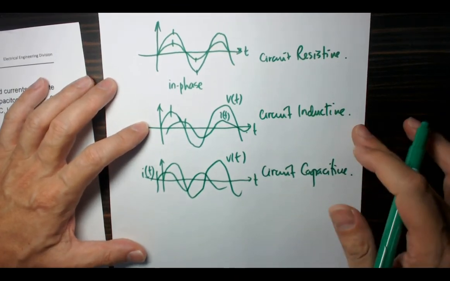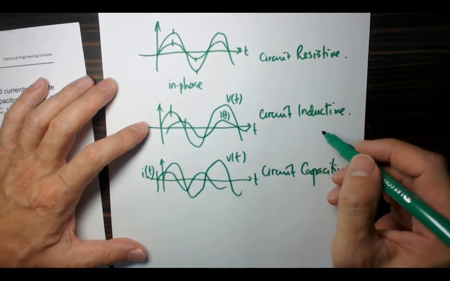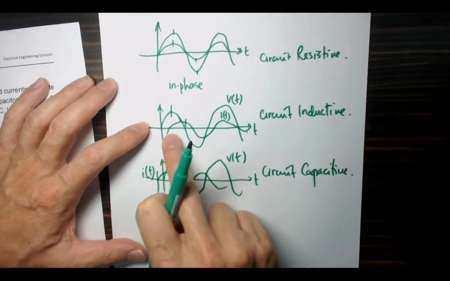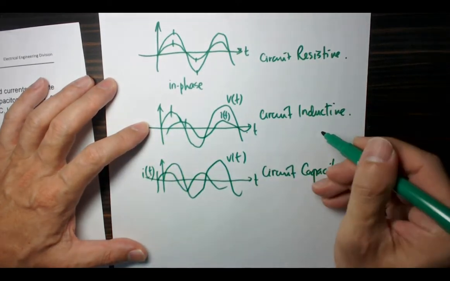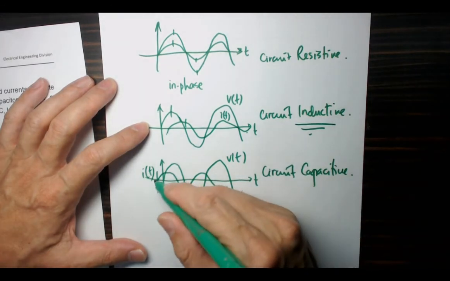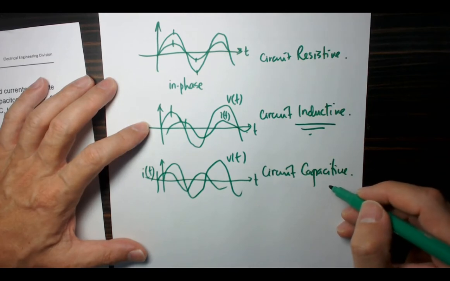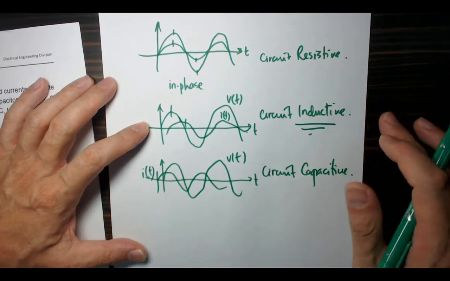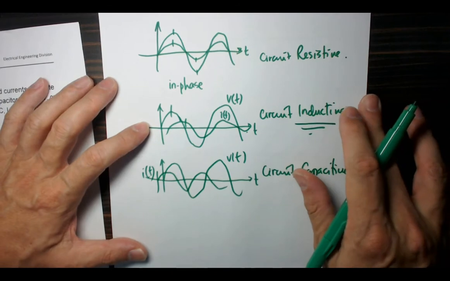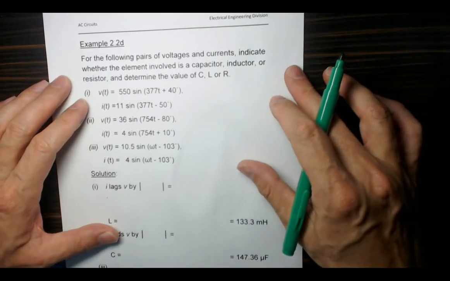Now there's only one special case when it's ahead by 90 degrees. Let's say for example, if the voltage is ahead by 90 degrees, we know that it's a pure inductive circuit. If the current is ahead of the voltage by 90 degrees, then we know it's a capacitive circuit. So with this knowledge, we can then address the questions that were posted.